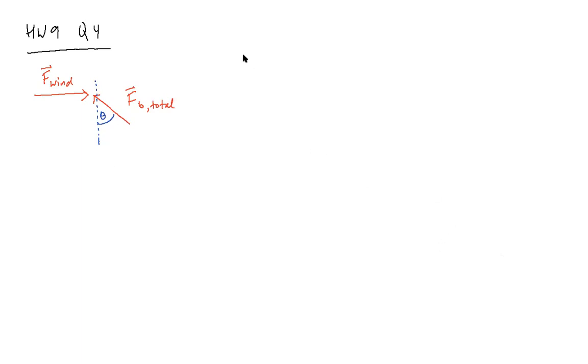So what we have is that this is static equilibrium, so the net force is 0. The wind only has the x component, but this guy has both an x and a y component. The y component isn't so important for this problem, but we can surmise that it's entirely balanced by the force of gravity on the wall. And so we don't have to worry about that.